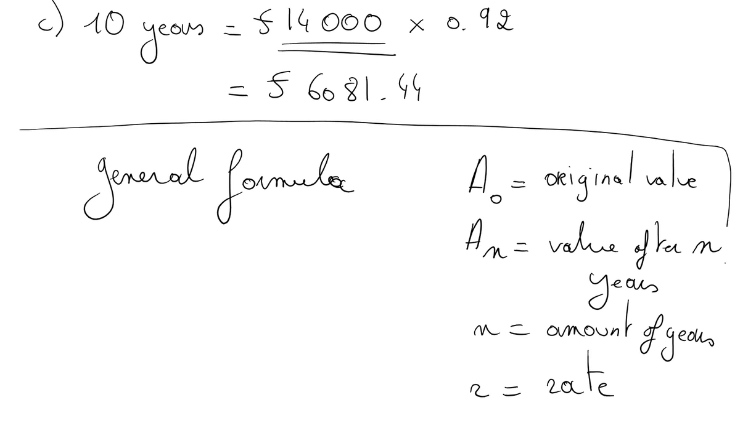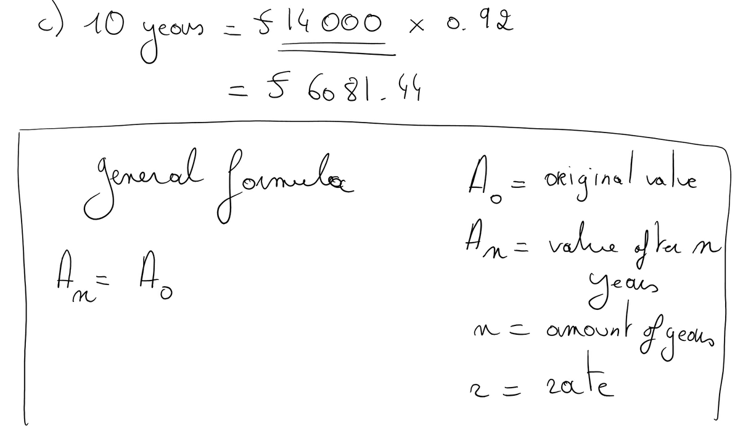So general formula. Try to think of a general formula that uses all of this, guys. What are you going to do? In order to find the new value after n years, you're going to multiply your old value by either 1 plus or minus your rate over 100 to the power of n.